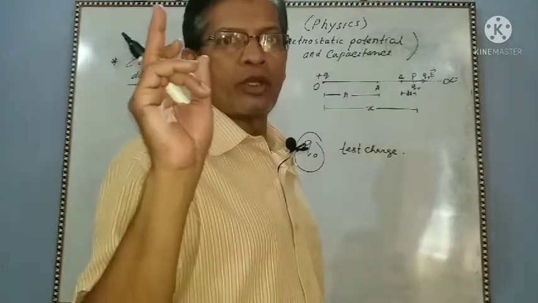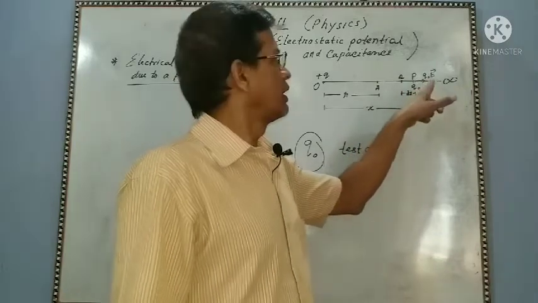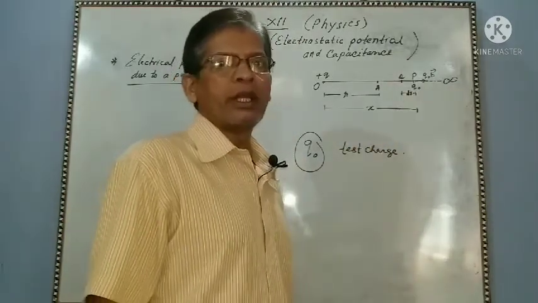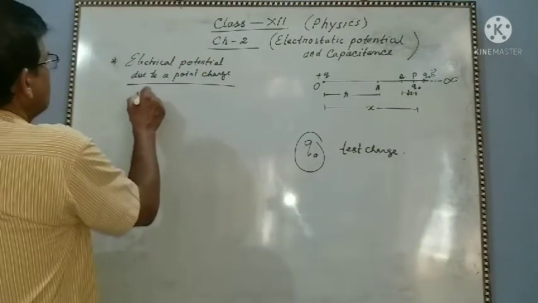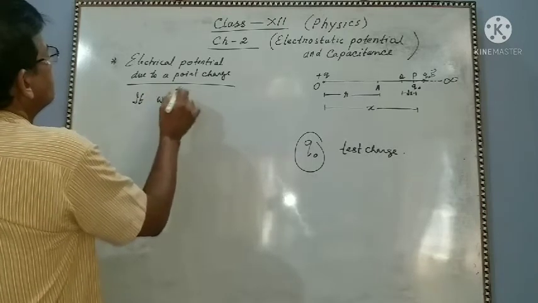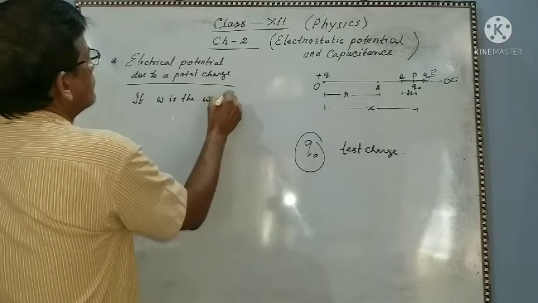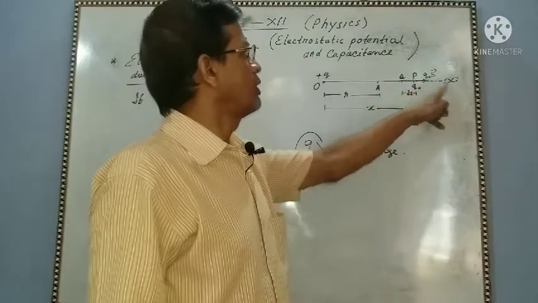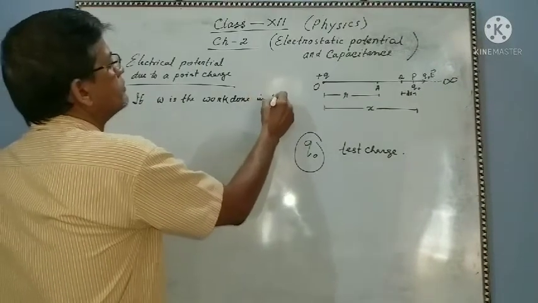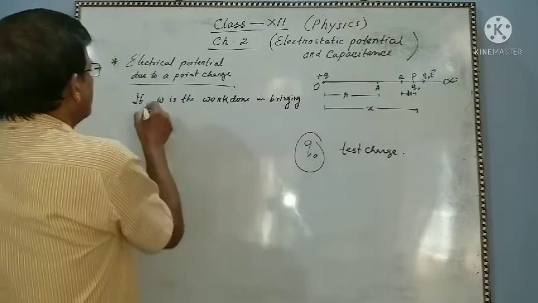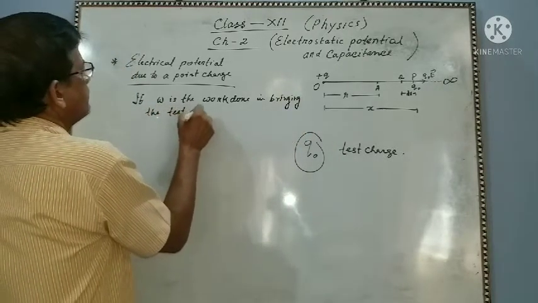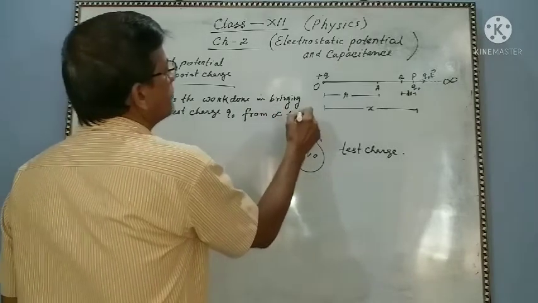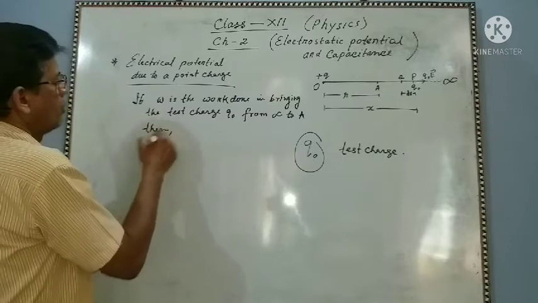When the test charge is here, it will experience a force F equal to Q0 E. Now, if W is the work done in bringing the test charge Q0 from infinity to A, then what will be the potential?